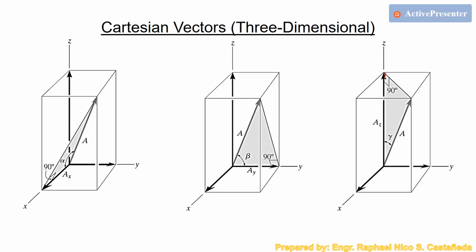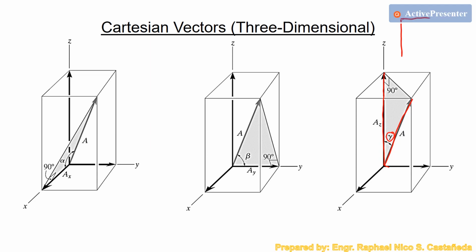So if this rectangle right here is divided into two right triangles, which is this one, triangle 1 and triangle 2, that is a right triangle because this one also is a 90-degree angle. So this is Az, which is the adjacent side of gamma, and this one is the hypotenuse because it is opposite the 90 degrees.